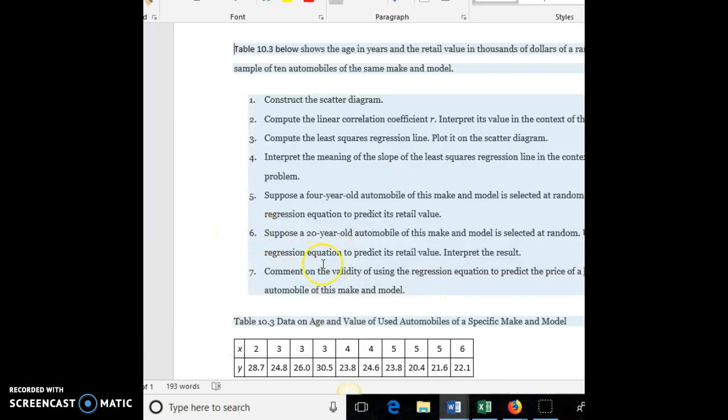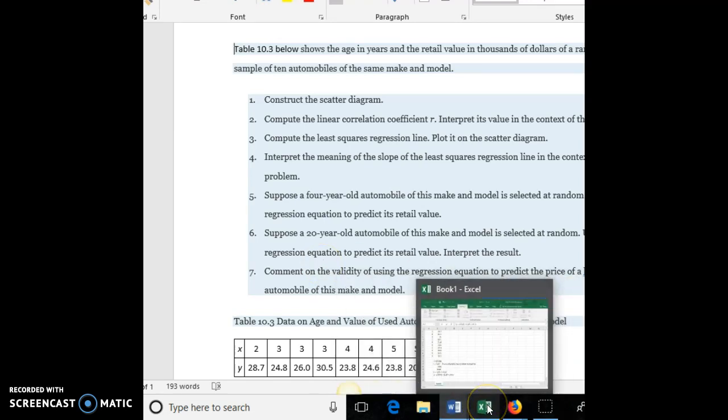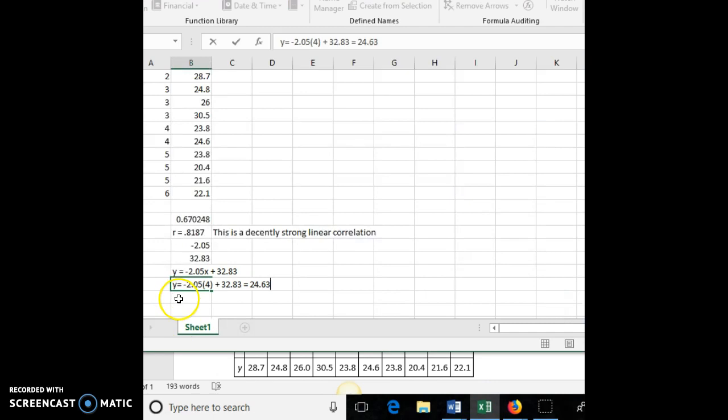Yes, we want to suppose that a 20-year-old automobile of this make and model is selected at random. So let's do exactly the same calculation. And then we're going to talk a little bit about this one, though. It's a little bit different. We'll see why.